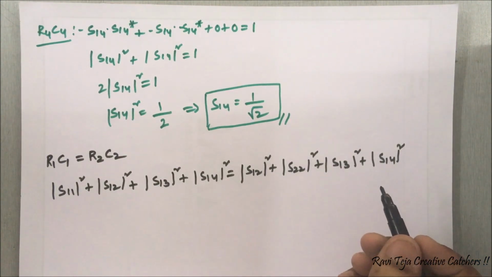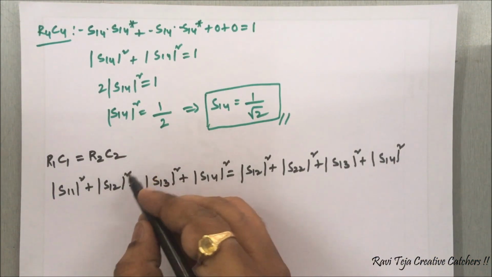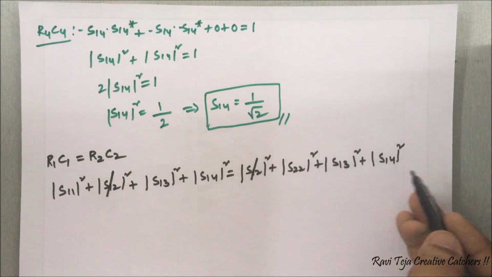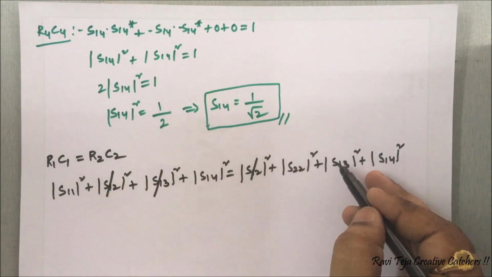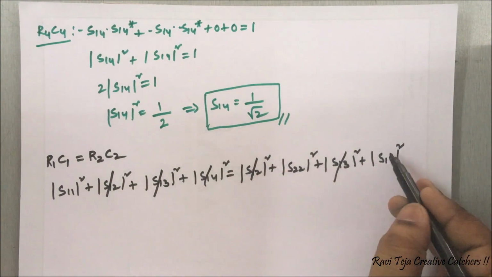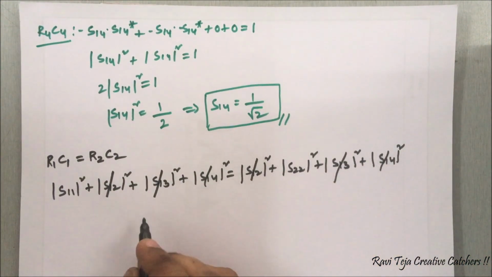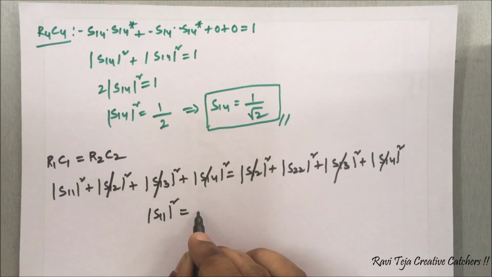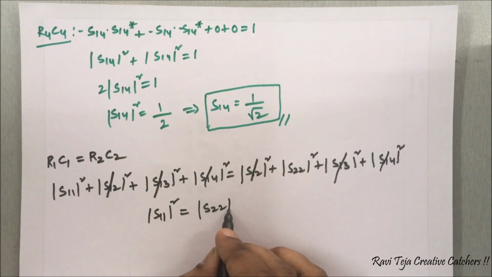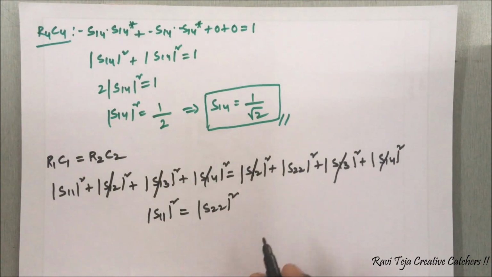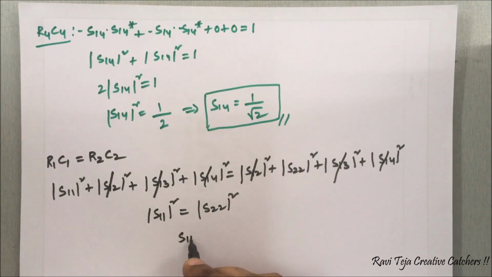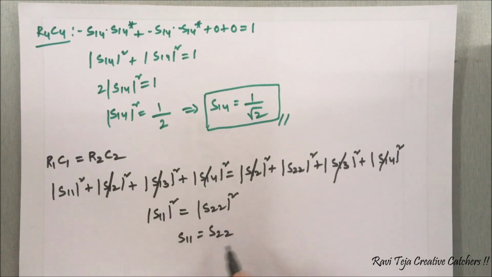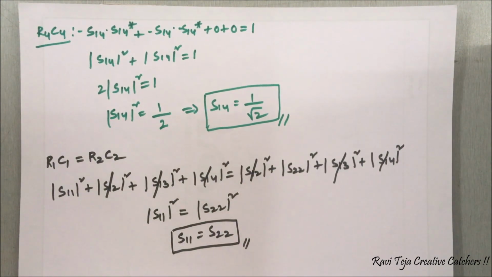Strike off the common terms. So S12, S13 and S14 got striked off. What we have left with is modulus of S11 square is equal to modulus of S22 square. This can also be written as S11 is equal to S22. This is what we get from equating R1 C1 is equal to R2 C2.